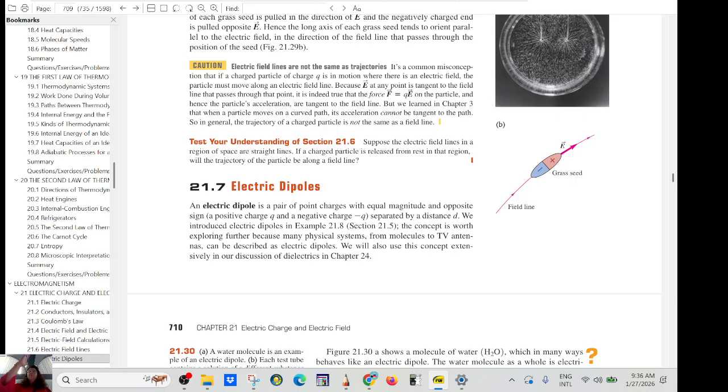Okay, so it will be acted on by a torque in such a way, again, that the dipole moment going from minus to plus will align itself with the electric field, even though it's not charged to begin with. So this is the way we can visualize the electric field lines.